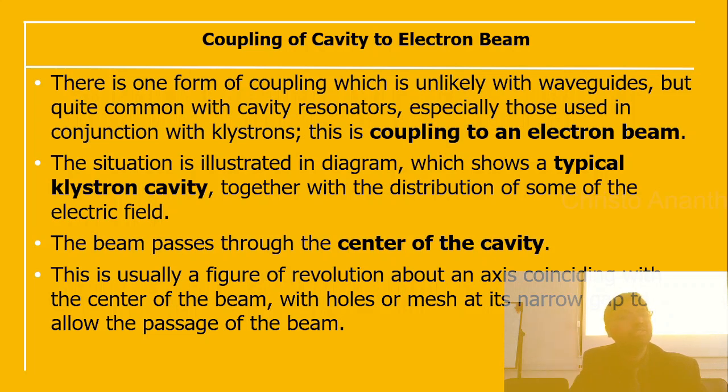So here you will see a typical klystron cavity together with the distribution of the electric field. The beam passes through the center of the cavity, so the cavity has revolution about an axis coinciding with the center of the beam, with holes or mesh at its narrow gap in order to allow the passage of the beam.